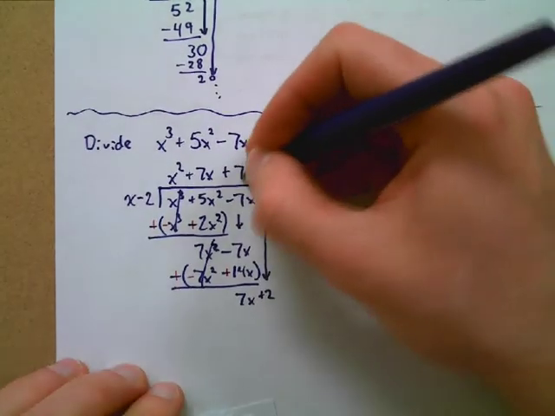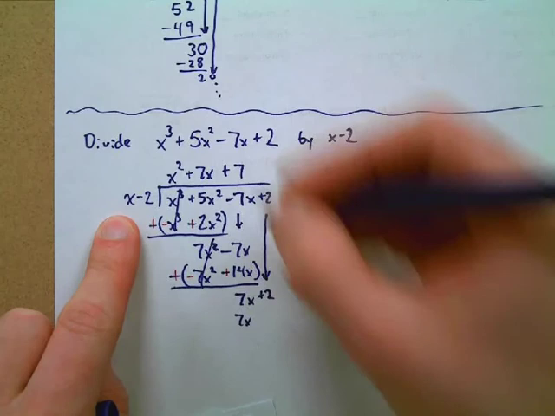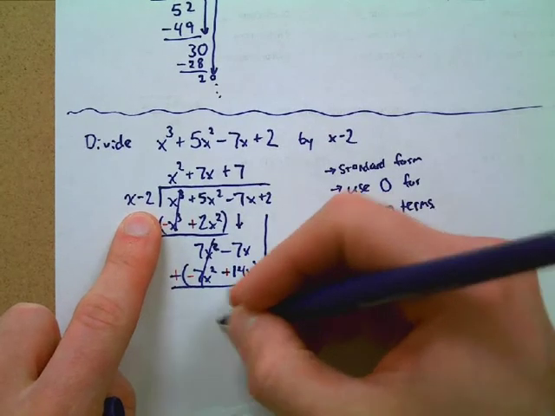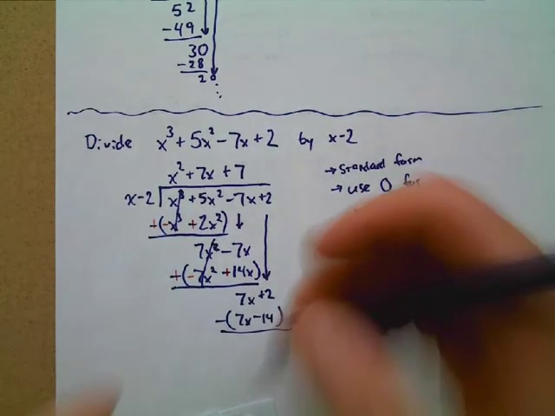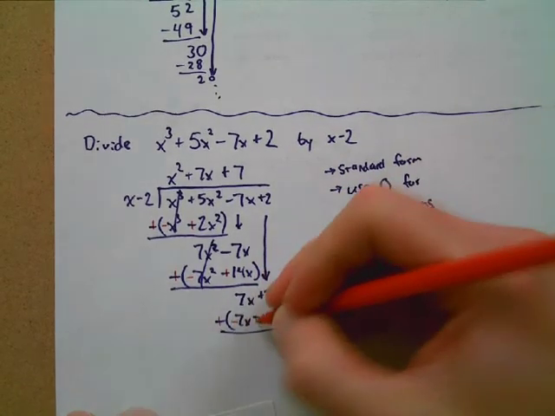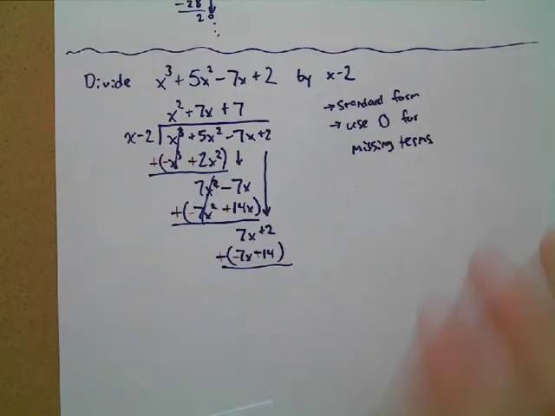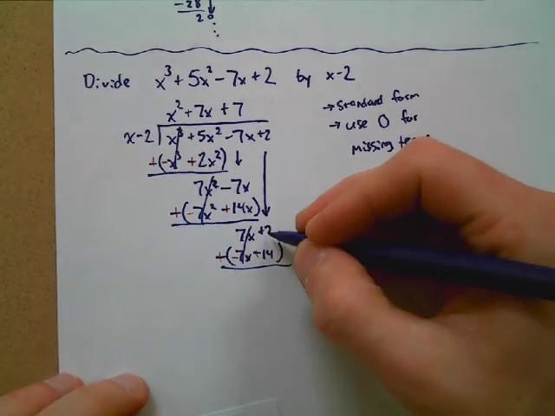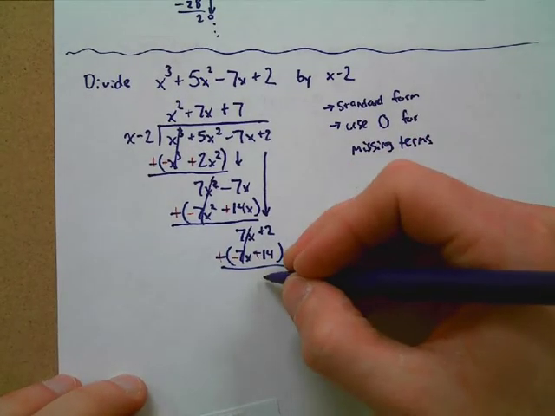So 7 times x is 7x, and 7 times minus 2 is minus 14. Subtract the quantity. Instead of subtracting, add the opposites. 14 minus 7 is 7, so the 7's cancel. 2 plus 14 is 16.